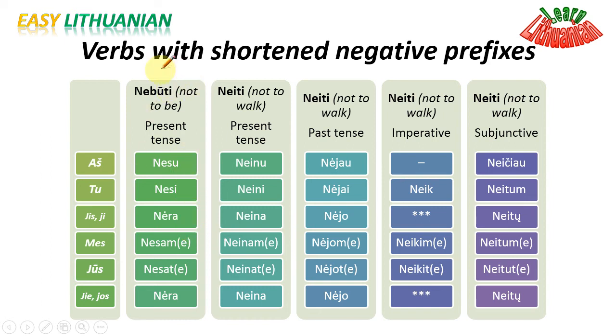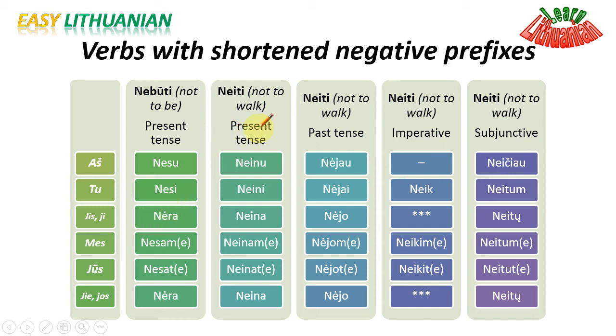So now you know the present tense of the verb not to be, which has only n, except the third person, singular and plural, which has nėra instead of ne and yra.